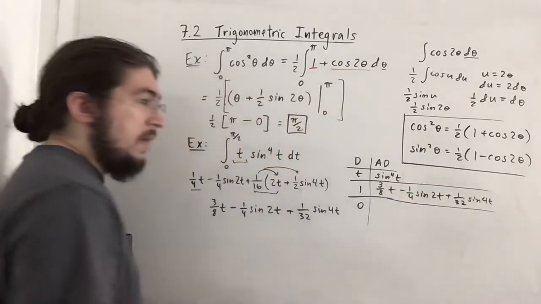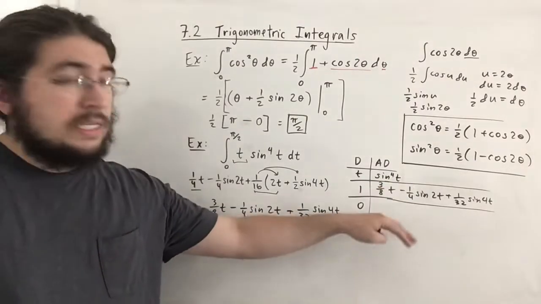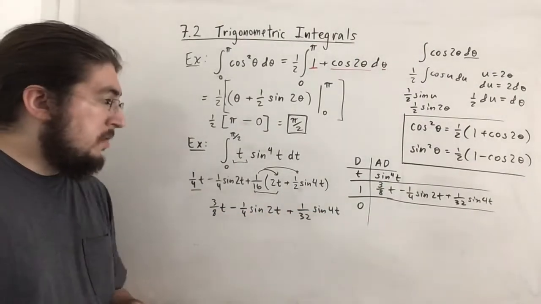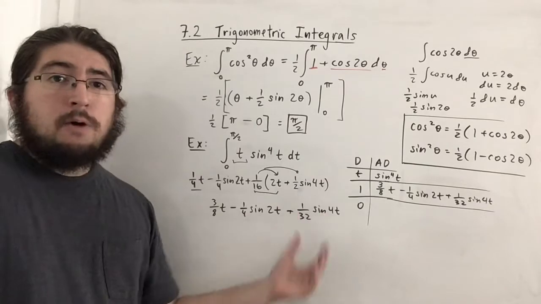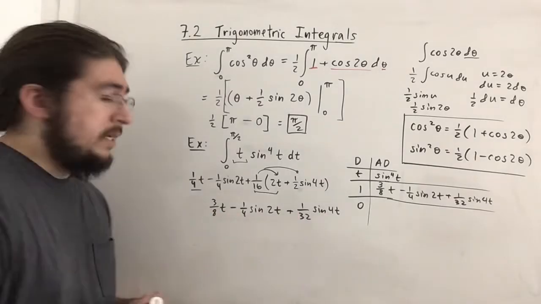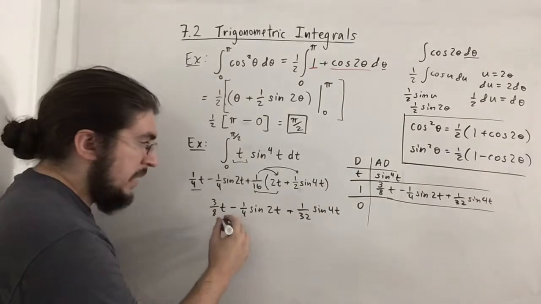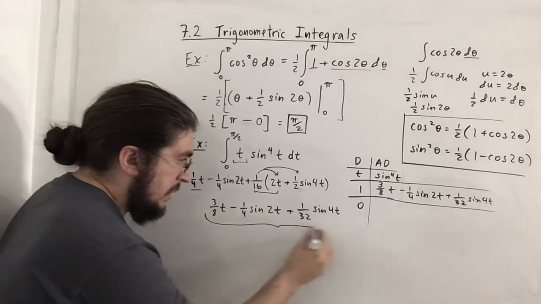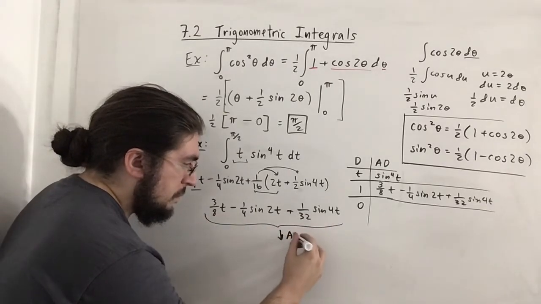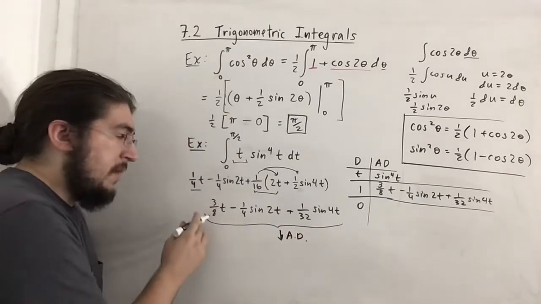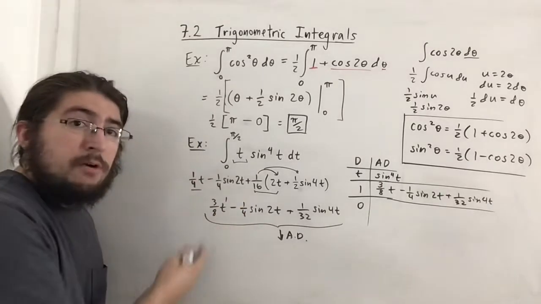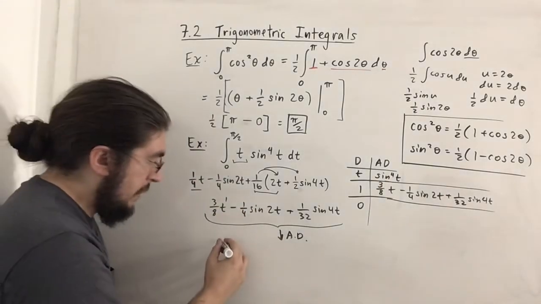And even worse, we have to continue and antiderive once more to catch up to this one. The good news here is that since there's no powers, to find the antiderivative of this is actually pretty simple. So if we want to find the antiderivative of this, we're just going to take the antiderivative of each term. So the antiderivative of 3/8 t is, well, consider its power as 1, add 1 to the power, divide by that power.